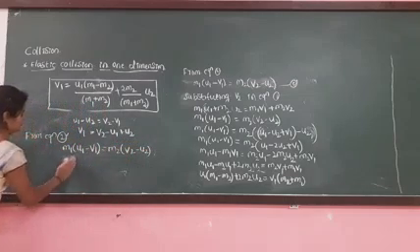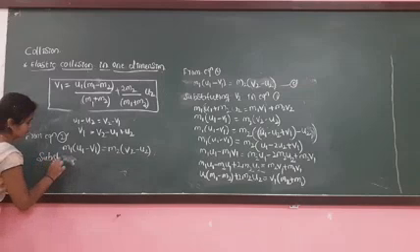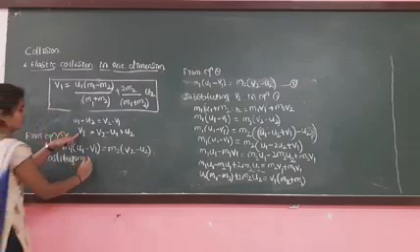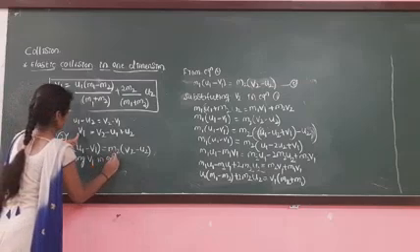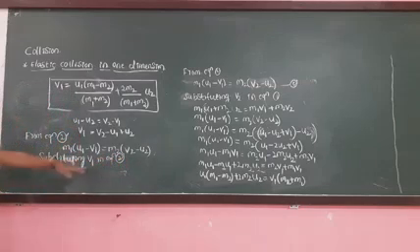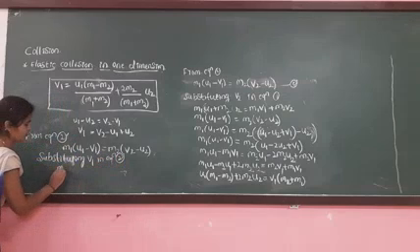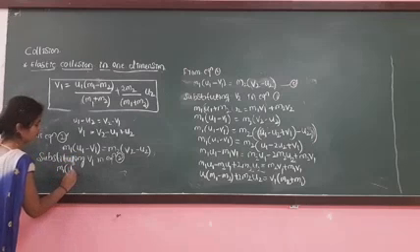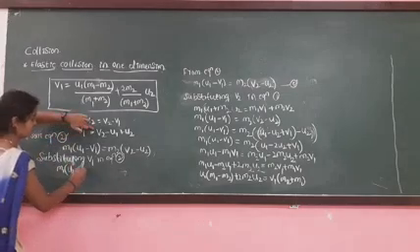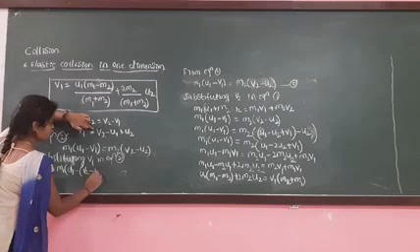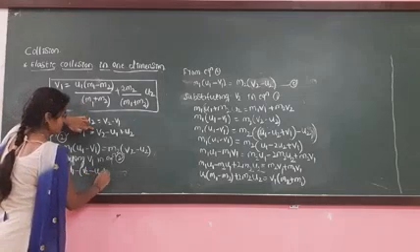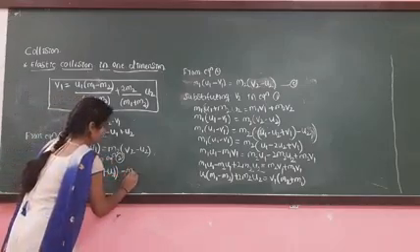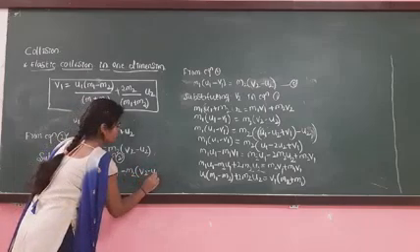Substituting v1 in equation number 2, m1 (u1 minus v1) equals m2 (v2 minus u2), with v1 equal to v2 minus u1 plus u2.